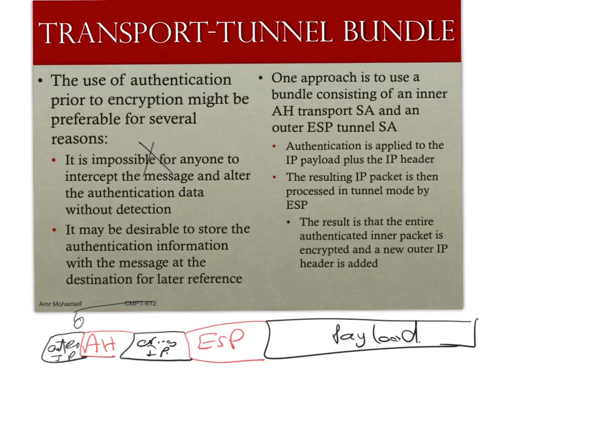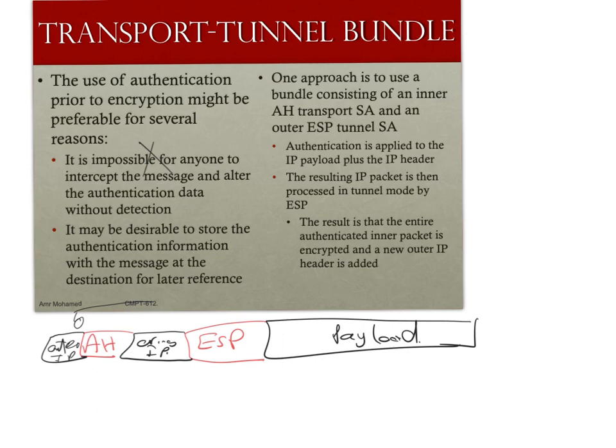So when I receive the same packet again, if it's similar, then I say, okay, this is similar, so it's already authenticated. I don't have to verify the MAC again, something like that. Anyway, this reason is not really a strong reason to say that authentication is preferable to be done before encryption. And in fact, you will see in later protocols that either way is fine.